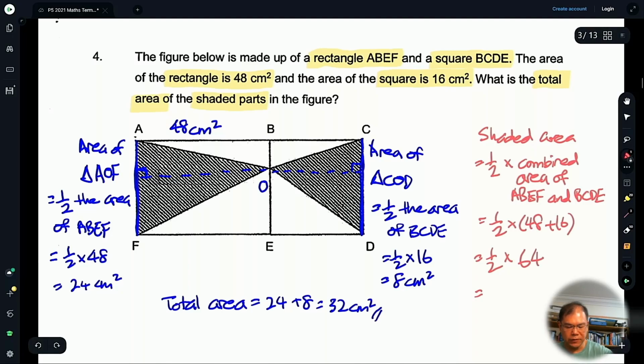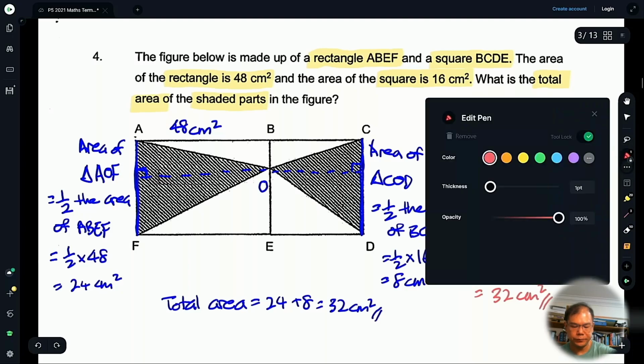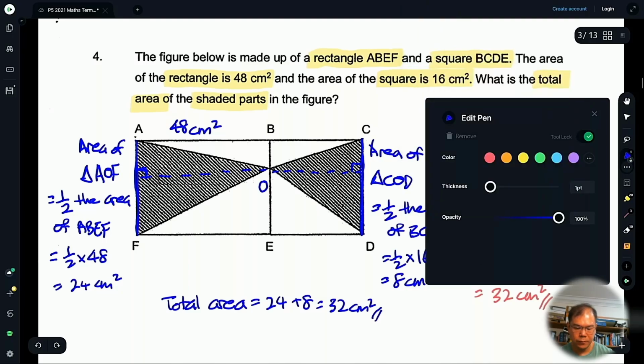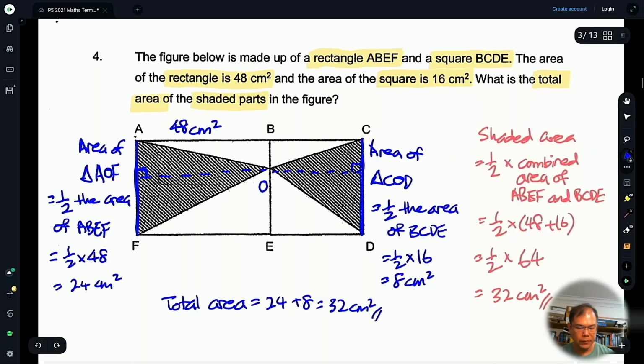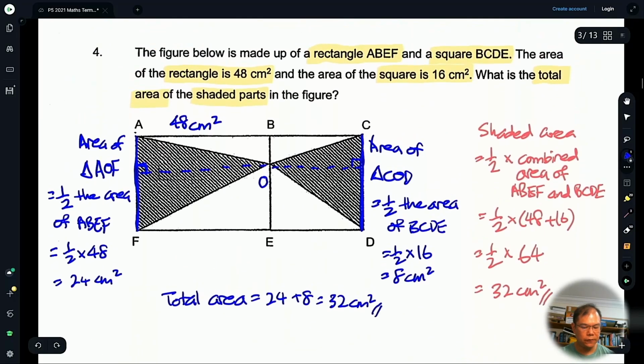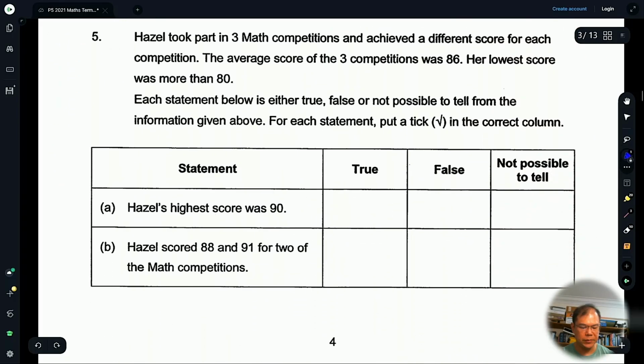So half of 64 is indeed 32 square centimeters, which is the same as what we did for the first method. So this is another way of getting the answer, right? So the answer for 4 is 32 square centimeters.